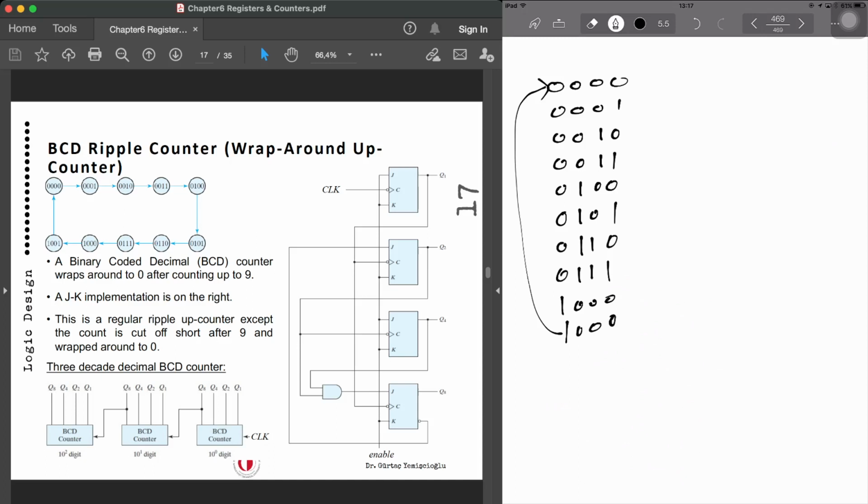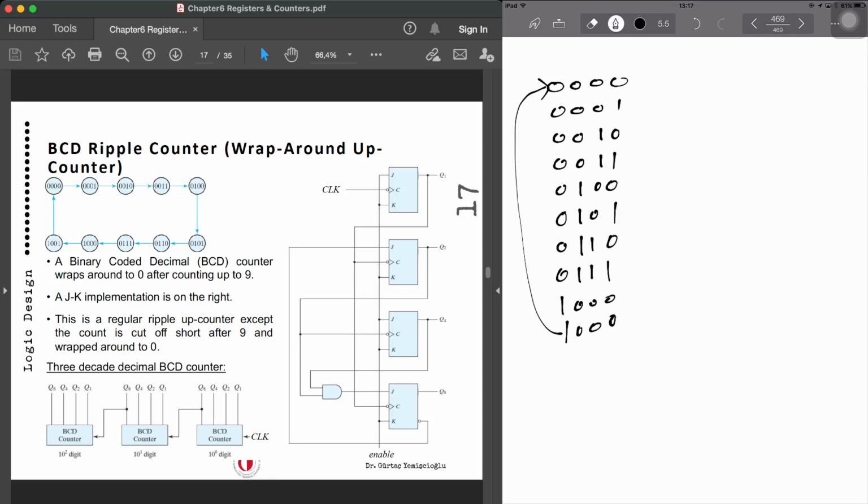So J input is going to be 1, and K input is also 1. Then Q8 is going to complement when Q1 goes from 1 to 0. So we can implement a binary coded decimal counter based on this approach.